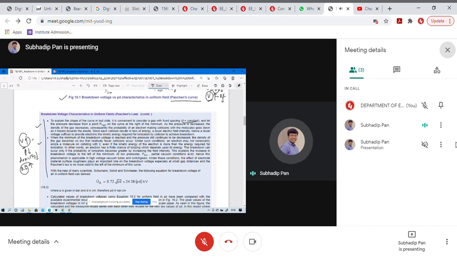Action means there should be some collision, or some ionization of the particular electrons. In other words, the electron has a finite chance of ionization which depends upon this kinetic energy. So we require a much larger amount of kinetic energy so that one electron will be ionized in a proper way, right?